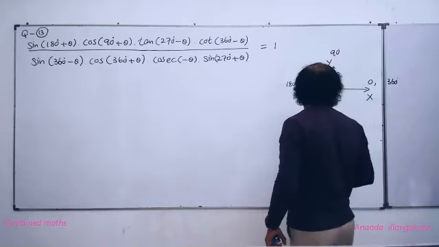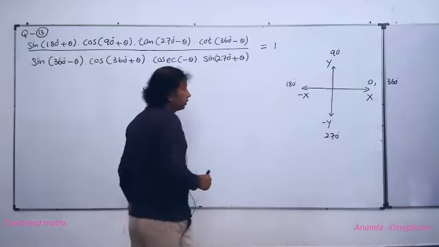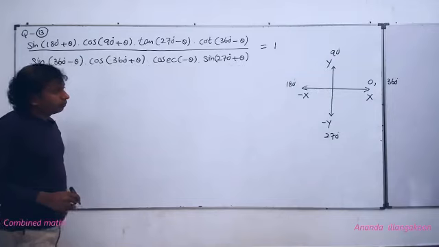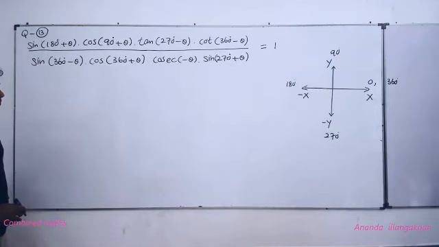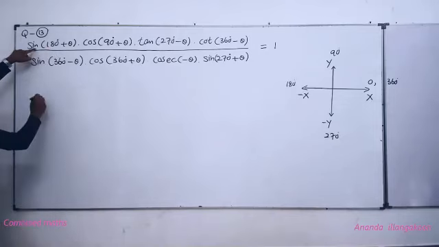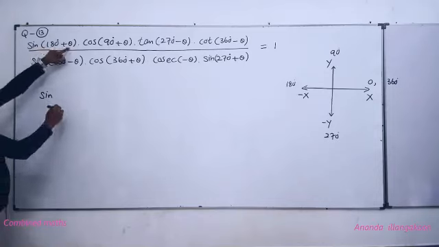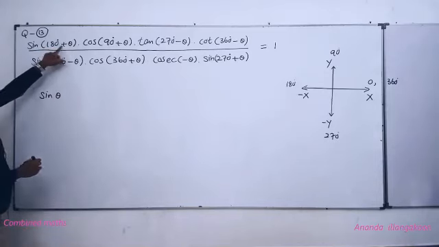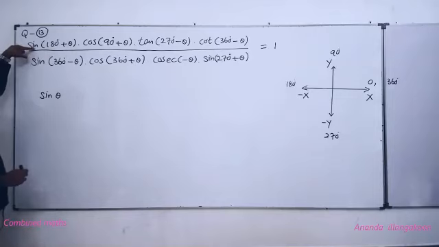The angles on the y-axis are 90 and 270, and on the x-axis 0, 180, 360. This angle 180 is on the x-axis, so the ratio doesn't change. It becomes sine theta. But 180 plus theta means the third quadrant, where sine is negative, because in the third quadrant only tan is positive. This is negative.